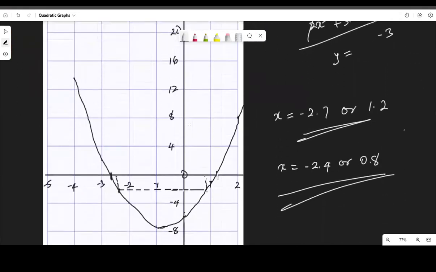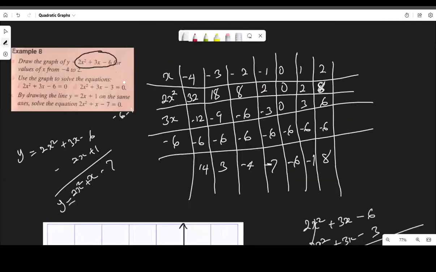So let's draw the line y equal to 2x plus 1. To do that, we need only 2 points. If y equal to 2x plus 1, to find the x intercept, we set y to 0. So if y is 0, I have 2x plus 1, meaning minus 1 is 2x. x will be minus half.